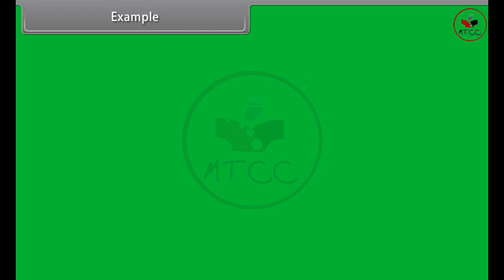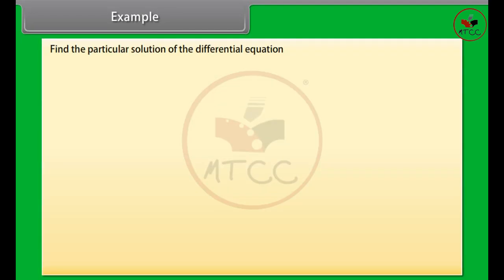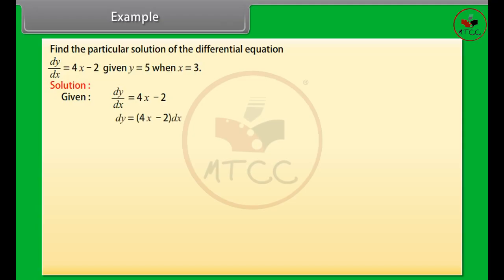Example. Find the particular solution of the differential equation dy by dx equals 4x minus 2 given y equals 5 when x equals 3. Solution. Given dy by dx equals 4x minus 2. dy equals (4x minus 2) dx.